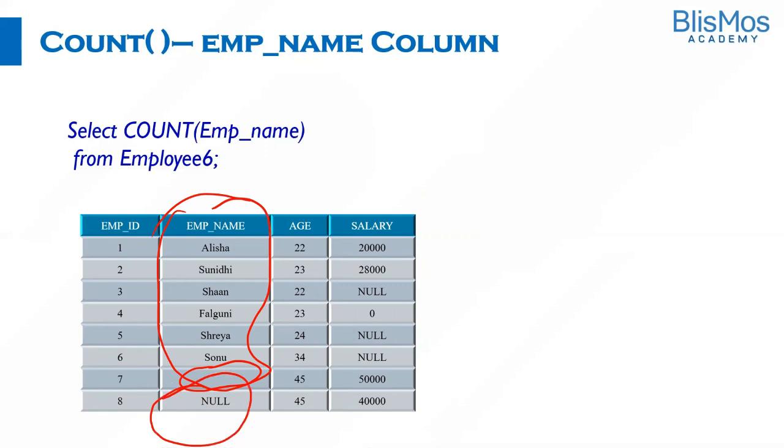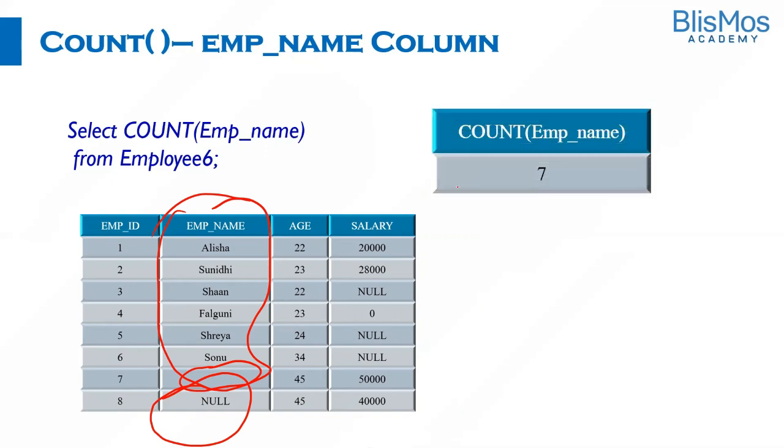What would be the result now? While counting a column, null is not considered. So again, we'll get a count of 7 because it is not considering this particular value. That is how empty space is different from null. Wonderful. Let us look at this as a part of our hands-on example.